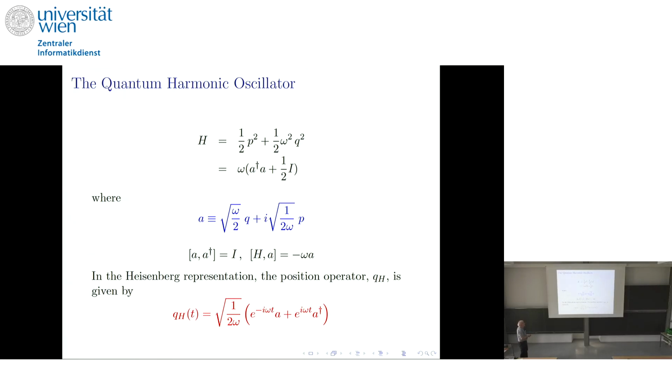And the key to basically understanding what's going on, at least for a free quantum field, is to understand what's going on for a quantum harmonic oscillator, whose Hamiltonian in terms of momentum P and configuration coordinate Q is what I've written down here.